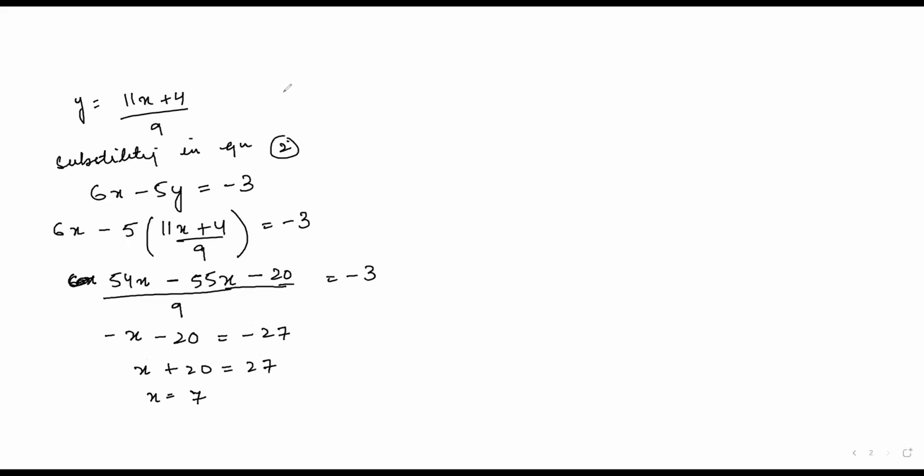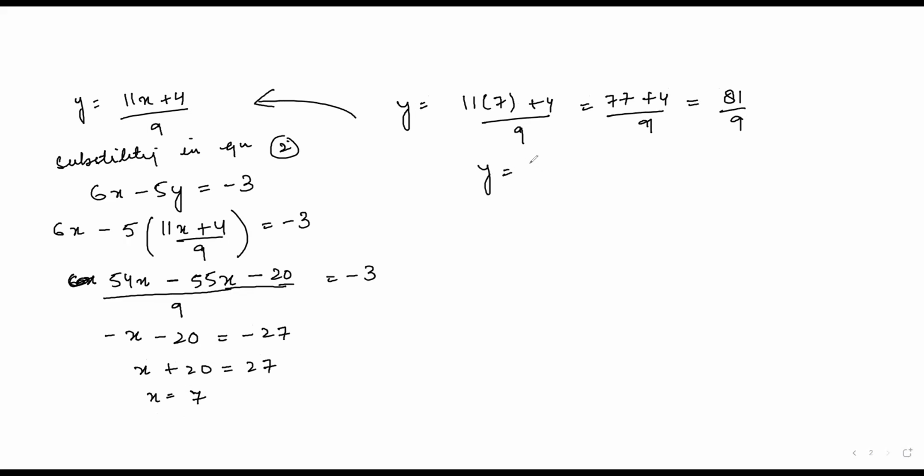Right? Now put it back here. So y will be equal to (11 into 7 plus 4) divided by 9. So 77 plus 4 is 81, divided by 9, so y should be equal to 9. Right?